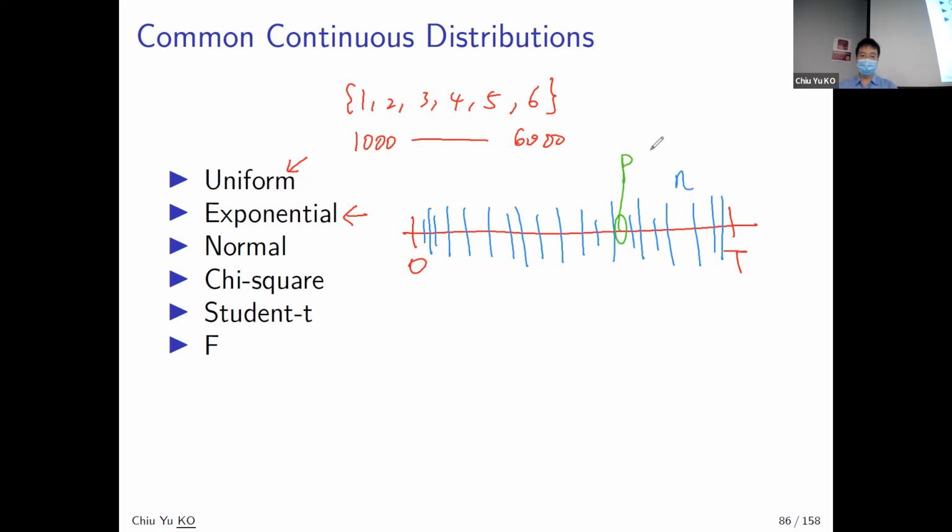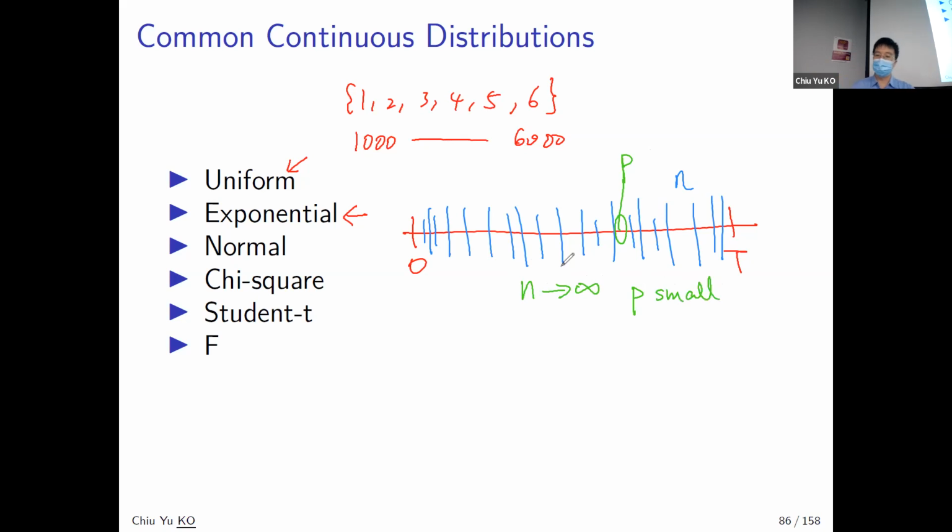And Poisson is saying that, okay, the random variable talking about how many outcomes within this time interval, okay? And as you can see, this is a limiting case of binomial when n goes to infinity and p is very small, right? Actually, we argued that, right?